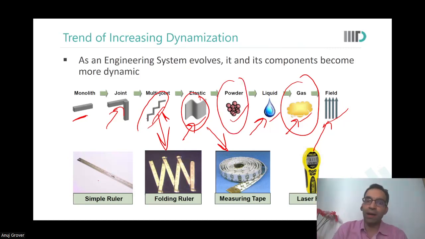No, beanbag is a powder bed. Are you able to see this? So even though this is the trend, it is not necessarily the sequence there, but all these exist.